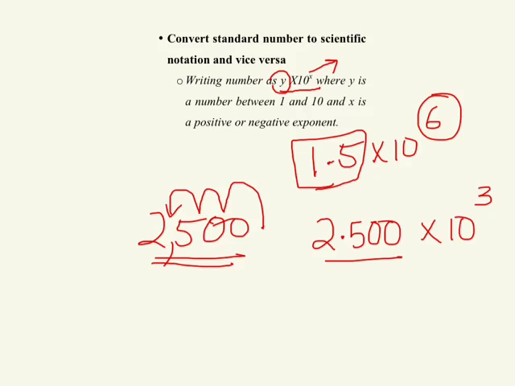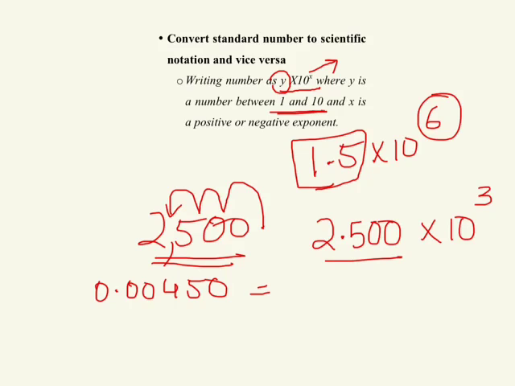On the other hand, let's say we have a number like this and we want to change it to scientific notation. Where do we want our decimal to be? Between 4 and 5, because that makes it 4.5, which is between 1 and 10. The decimal should be after the first non-zero number.